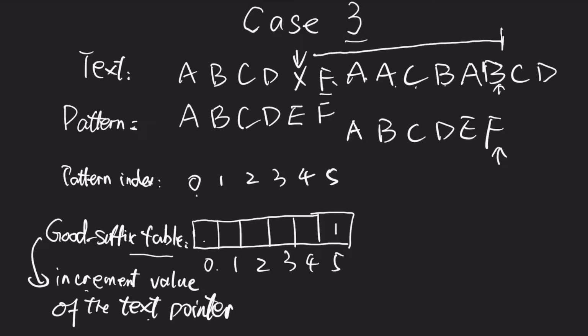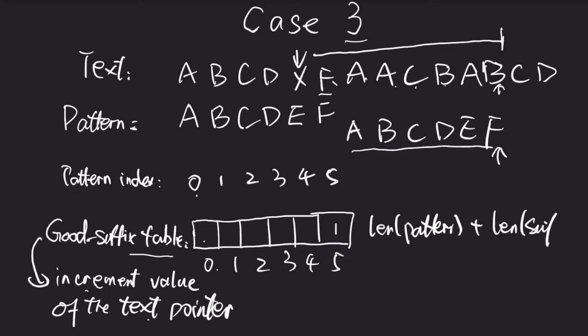So the value should be the pattern length plus the suffix length. The length of the pattern plus the length of the suffix. That is 7 here.